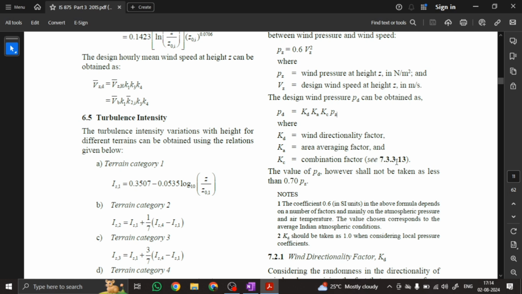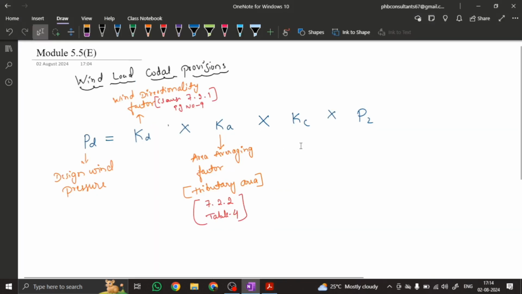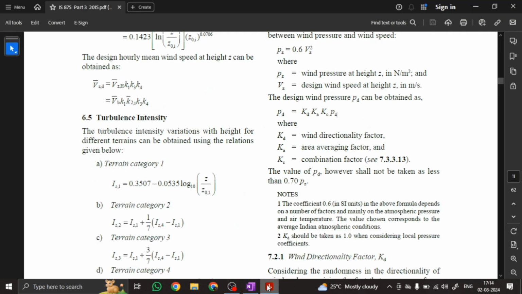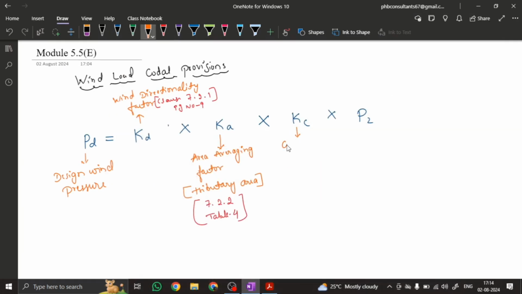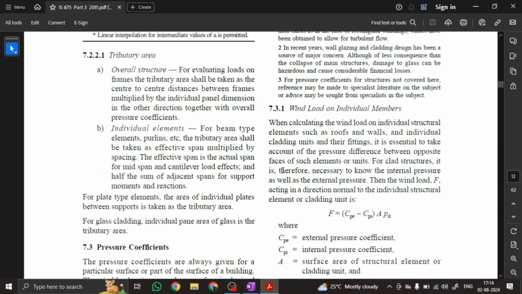The code is saying clause 7.3.3.13. Okay, what it says, let's go and see.